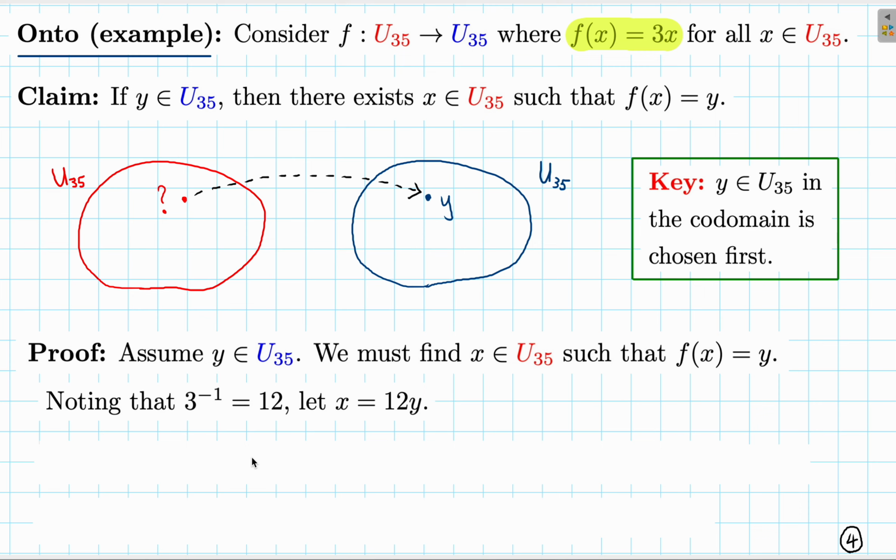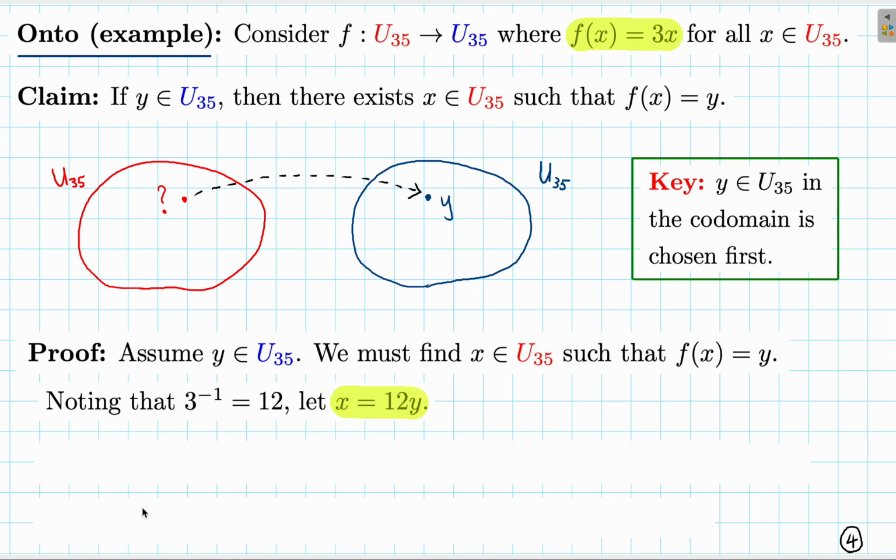So 12 is acting like 1/3 here. And so our candidate for x is 12y. Again, think of that as 1/3 y. And so we'll let x equal 12y. And so that's our input element that we'll use.